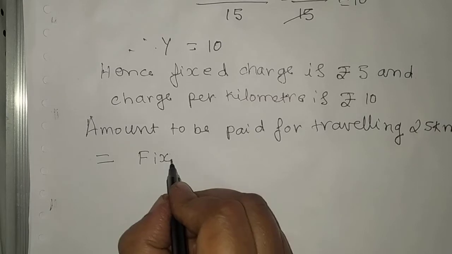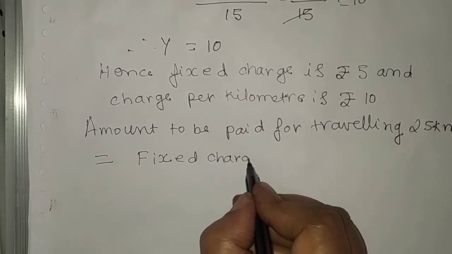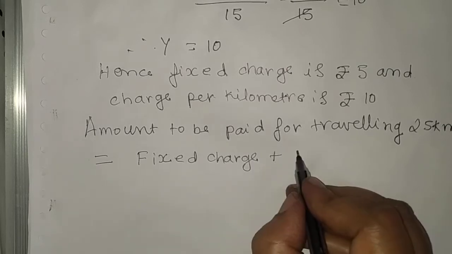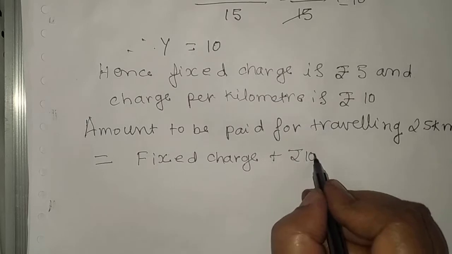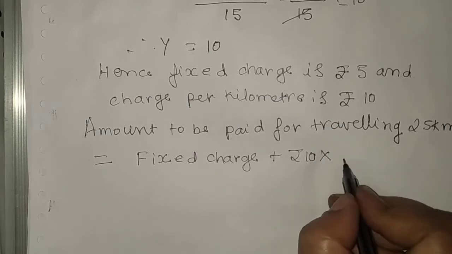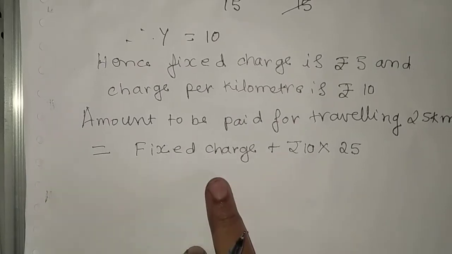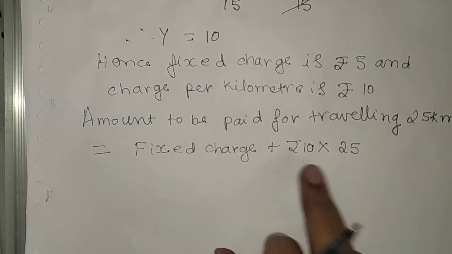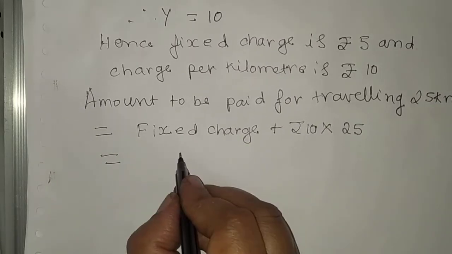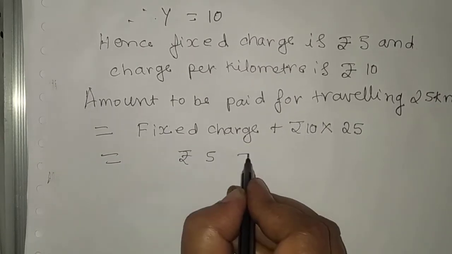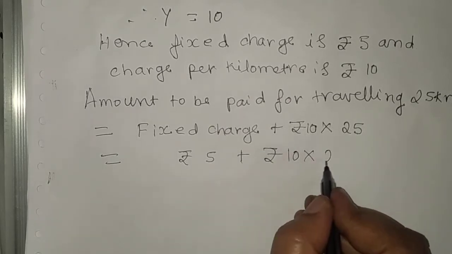Fixed charge. What is fixed charge? That is x, plus rupees 10, that is the first equation. Rupees 10 into how much? That is 25 kilometers. Fixed charge x plus 10, that is y, into 25 is equal to, now we substitute this, rupees 5 plus rupees 10 into 25.